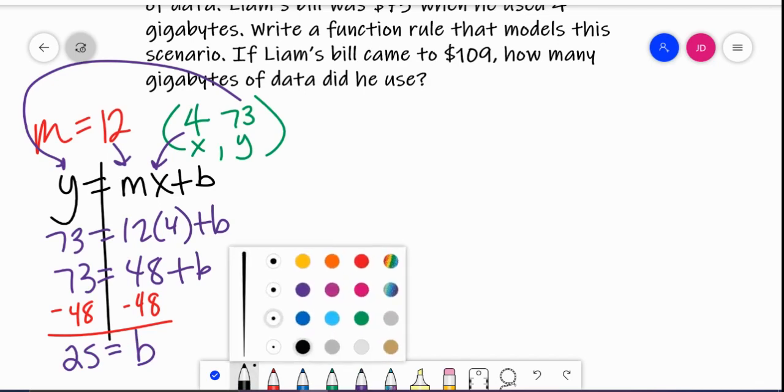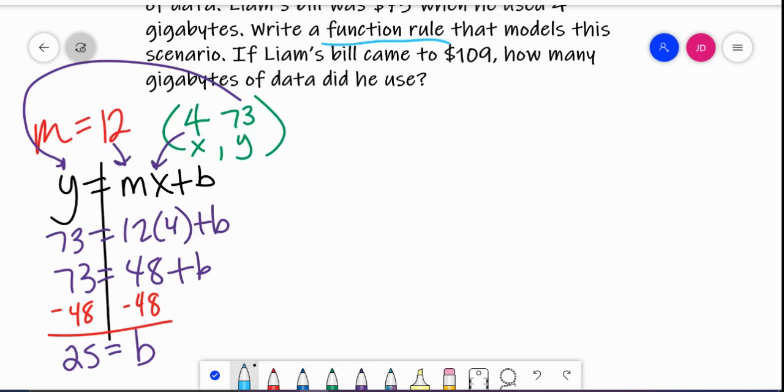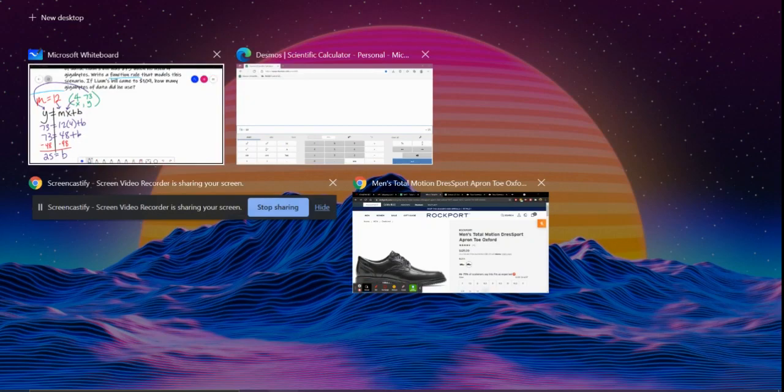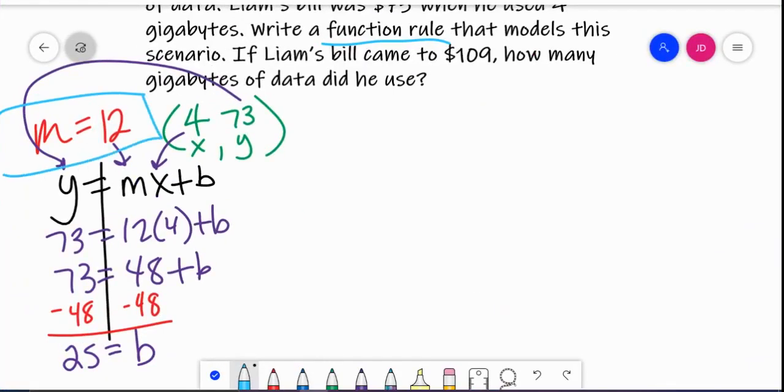All right. I have to find my function rule. I have my m. And I have my b. So my equation at the end is going to be y equals 12x plus 25.